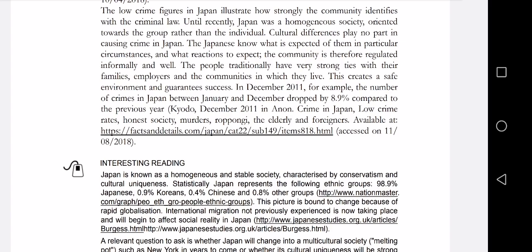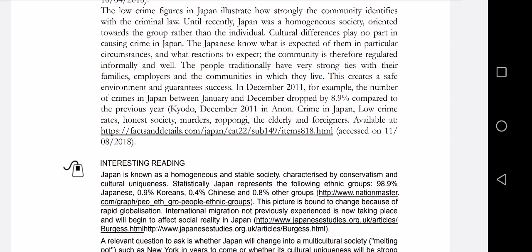Cultural differences play a part in causing crime in Japan. The Japanese know what is expected of them in particular circumstances and what reactions to expect. The community is therefore regulated informally and well.